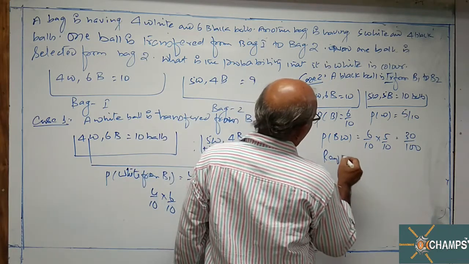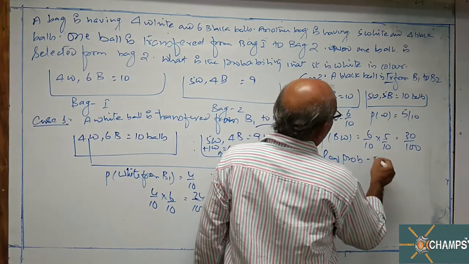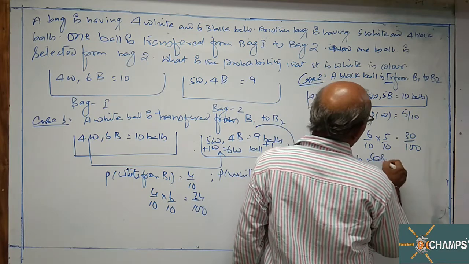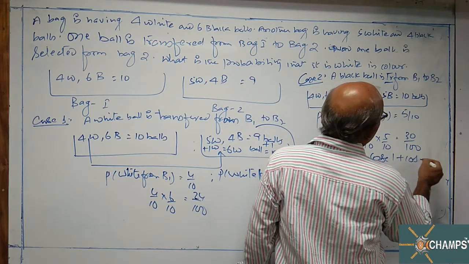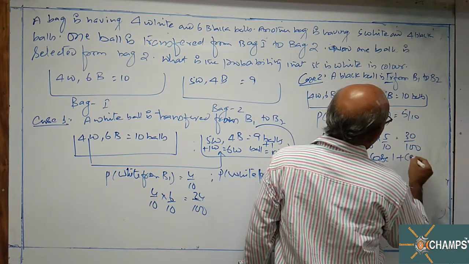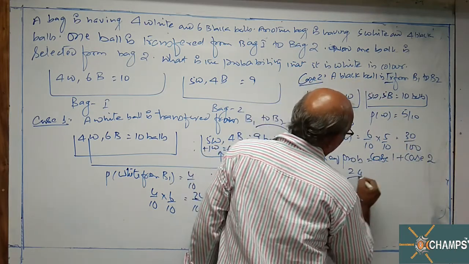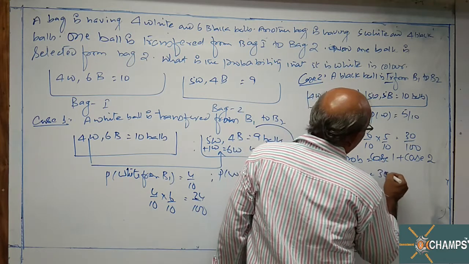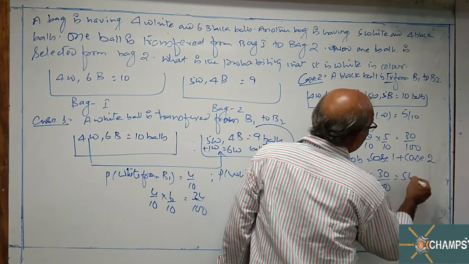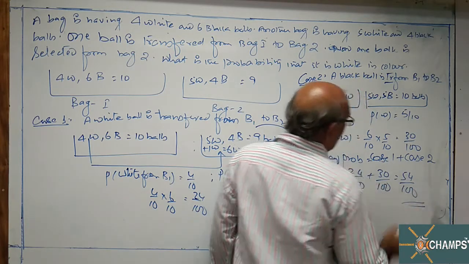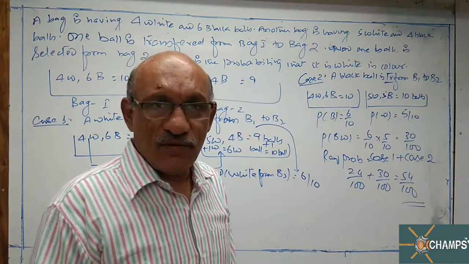Required probability is equal to case 1 plus case 2. So this is 24 divided by 100 plus 30 divided by 100, 54 divided by 100. This is the answer to the given question.